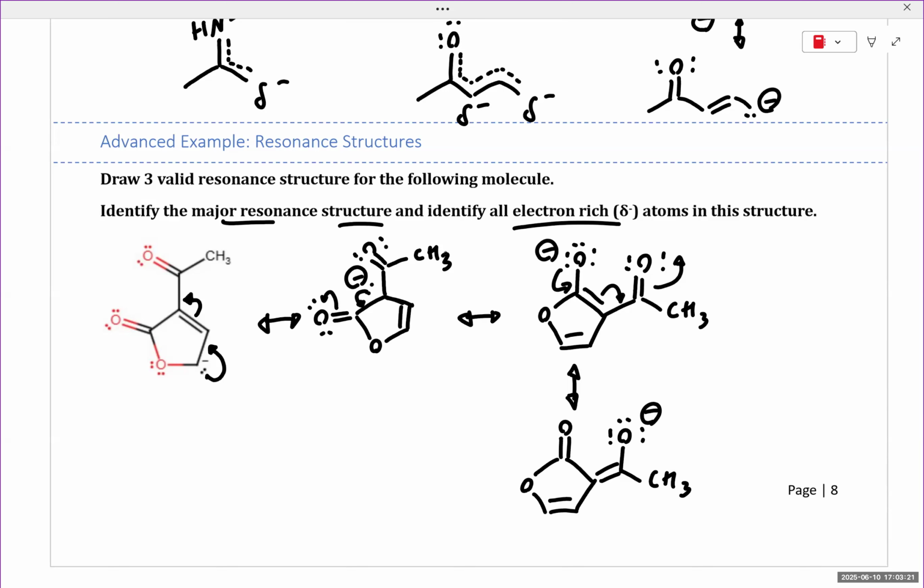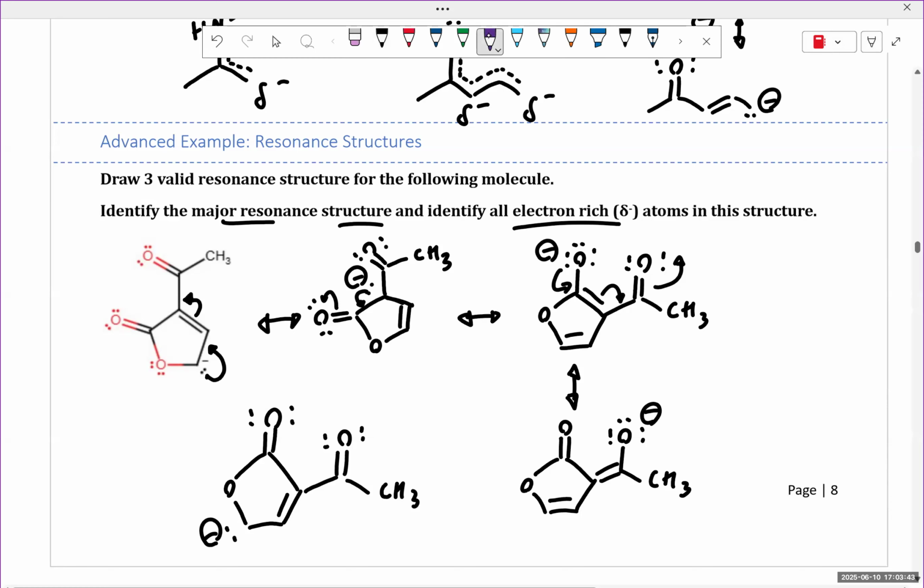Okay, these are all of the major resonance structures that fulfill the octet rule. So, taking a tally here, if we wanted to identify atoms that are electron rich, we just have to look at each of our resonance structures and identify which atoms have a negative charge in one or more of the resonance structures.